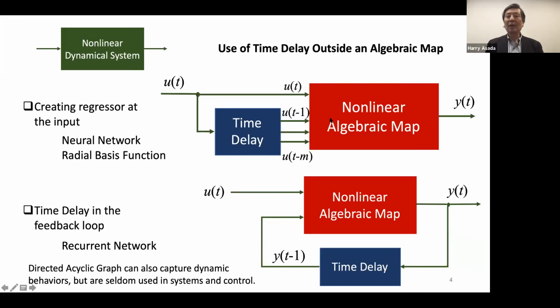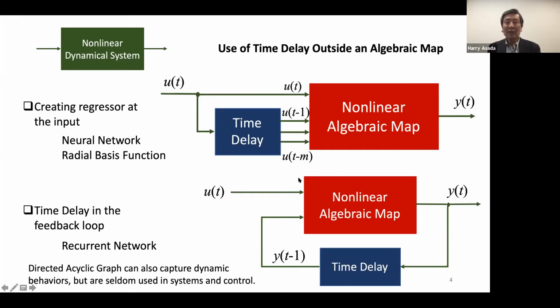This algebraic map may be created with a neural net or another technique like the radial basis function, which we study today. This part has no dynamics in it, but it can find a relationship among these inputs and best produce y(t) as a prediction.